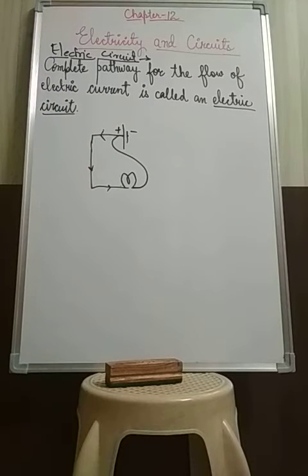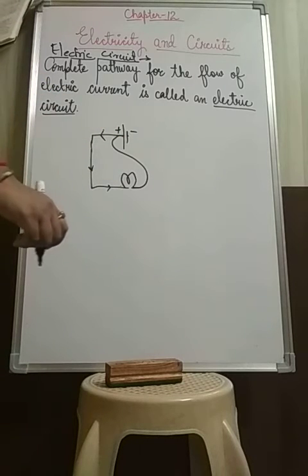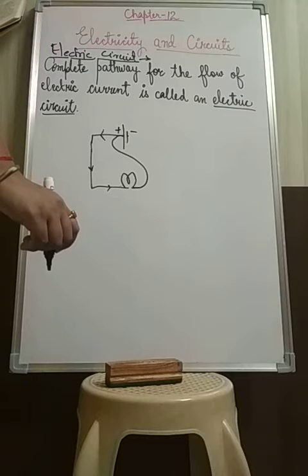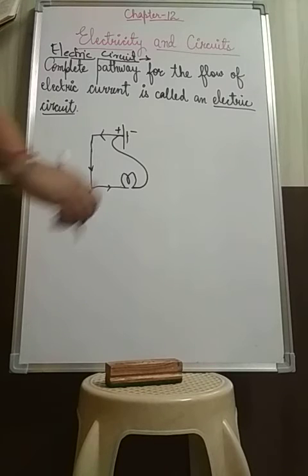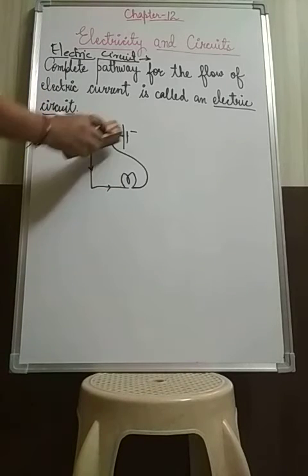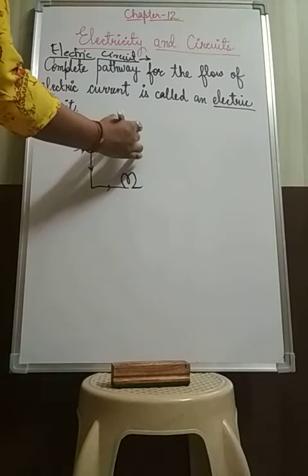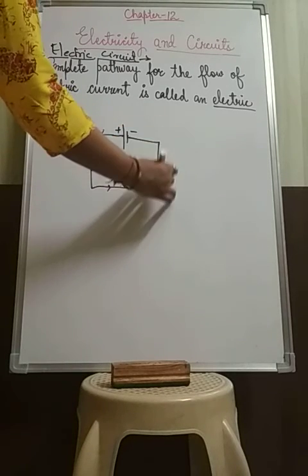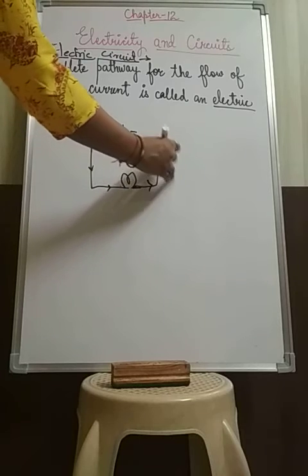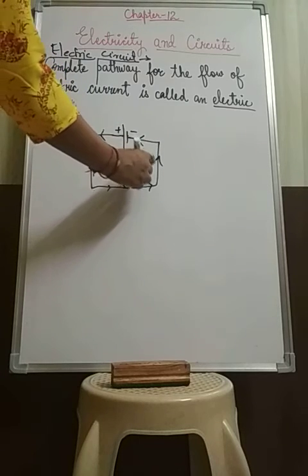Then the fourth one is one end is connected to the positive terminal and the other is connected to the negative terminal. Then in that case the bulb will start to glow. In this case the bulb will glow.